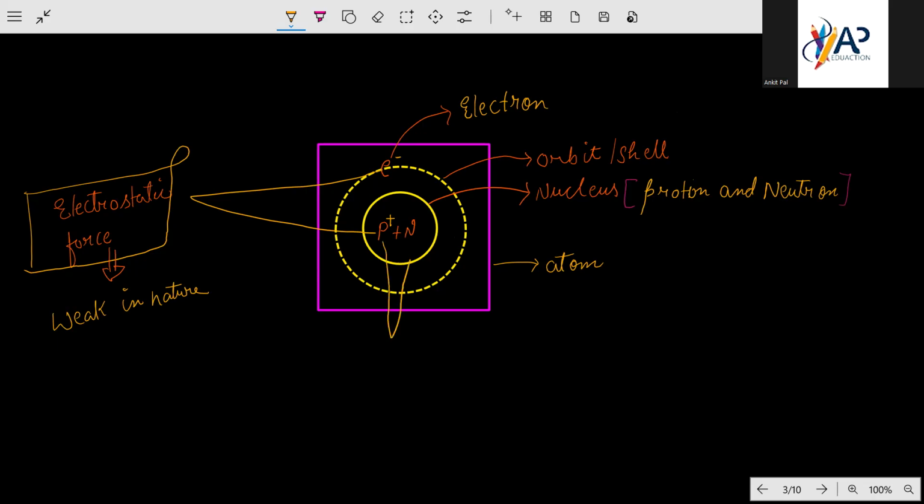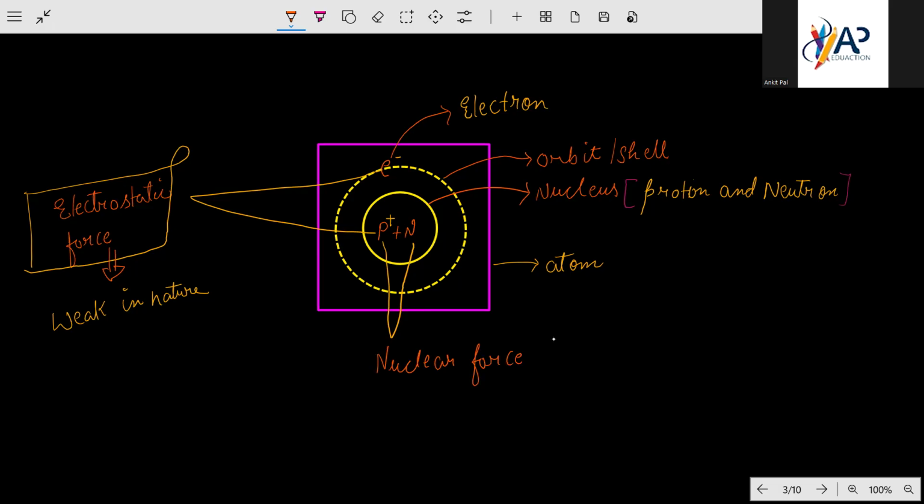Can you tell me which force is exerted between proton and neutron? Isn't it nuclear force? Very good, it is nuclear force.